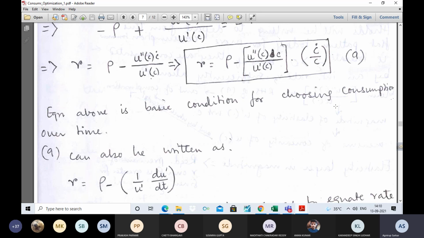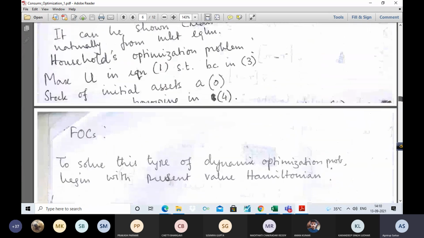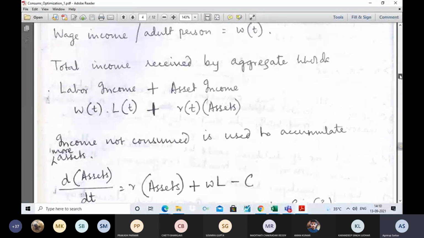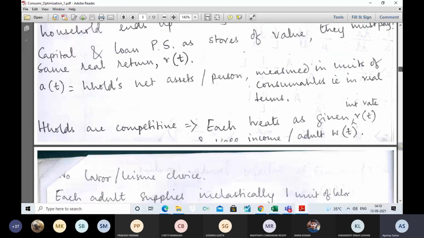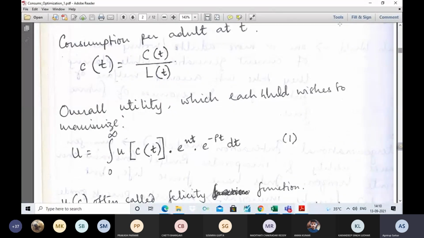So this is the household's objective function, right? We went through this in the last class, but very quickly to recapitulate, this is the utility that the household maximizes. So overall utility U is the integral of u of small c_t times e to the power nt times e to the power minus rho t.